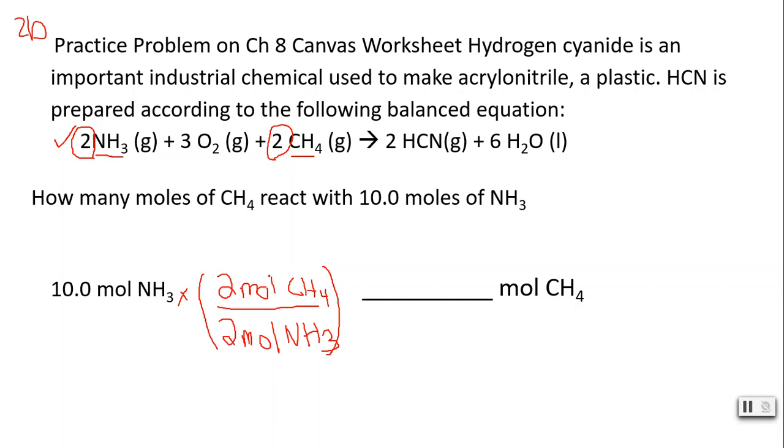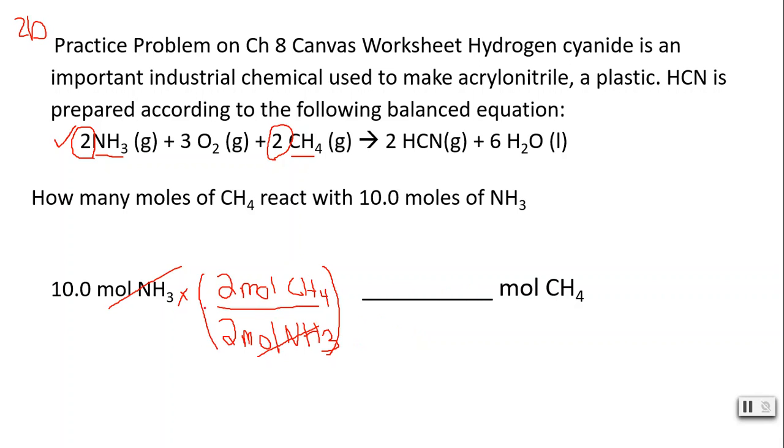Just note that I wrote down the number and the unit associated with it. So now my moles of NH3 units cancel. I'm left with the unit that I am looking for, which is moles of CH4.